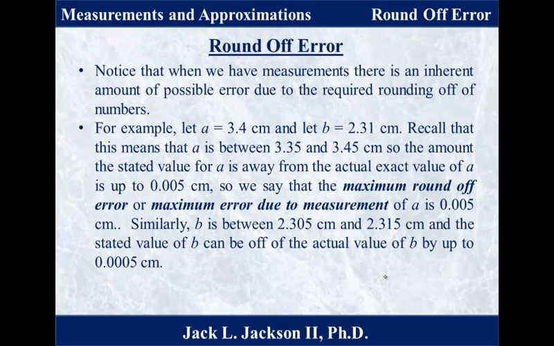Well, the worst it could be is if A is truly 3.35, which is 0.05, this should say. There's an extra 0 here. I'll fix that for the printout. 0.05, that should say. Okay? So we call that amount the maximum round-off error, or the maximum error due to measurement. It's not a mistake.